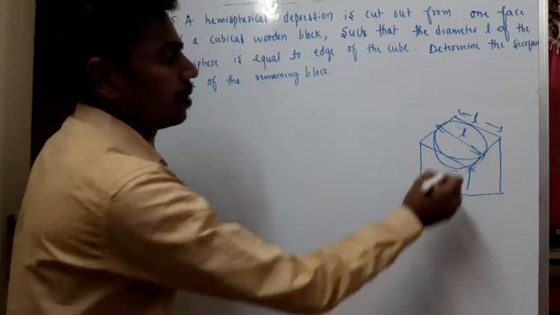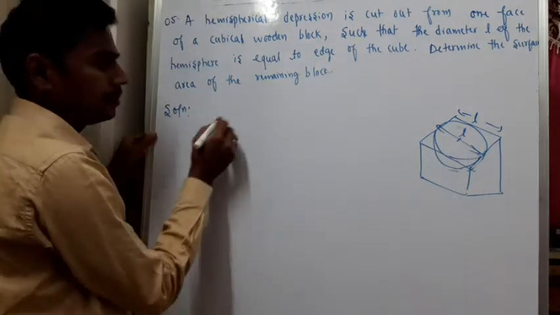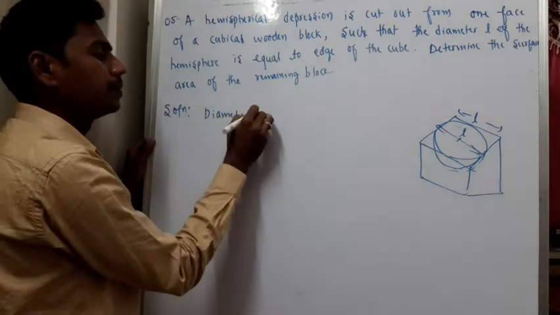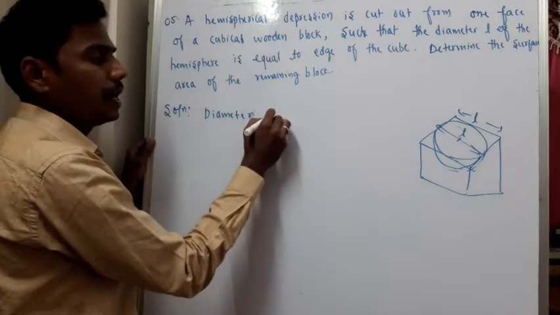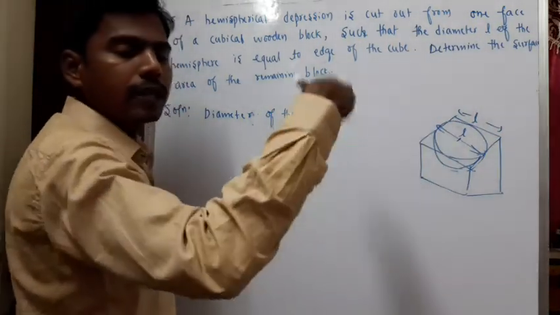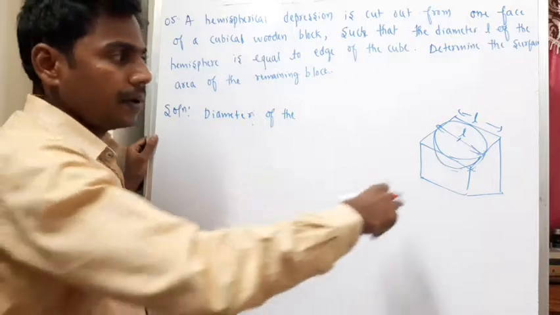Fine. Now what is given? They have given a wooden block. In the wooden block, they are cutting the depression.